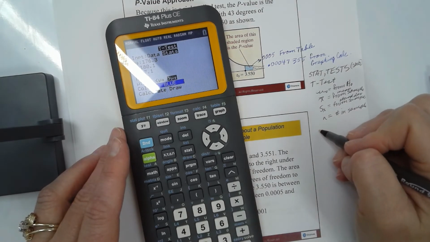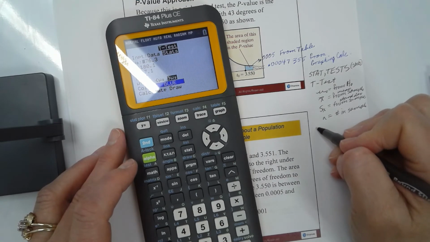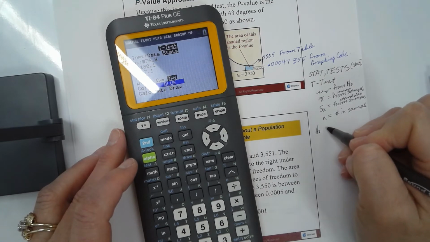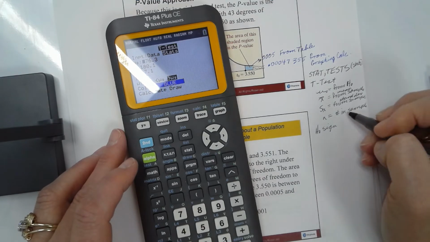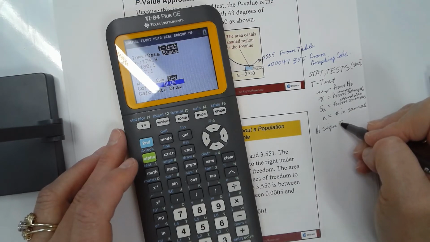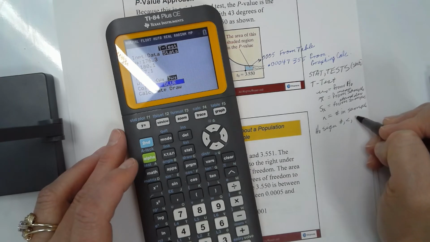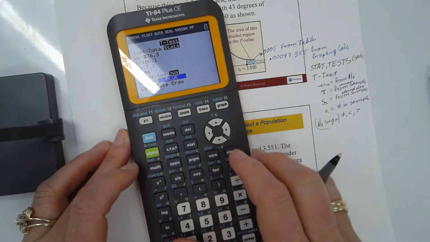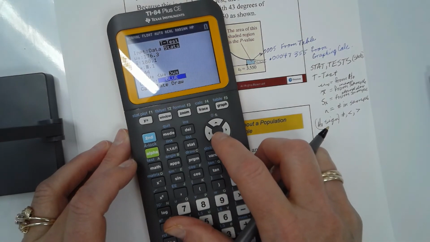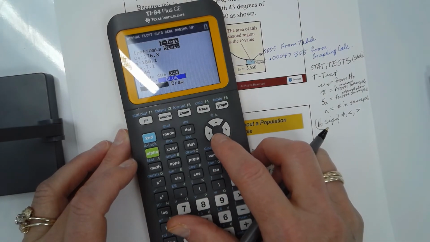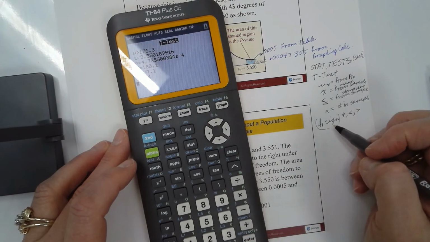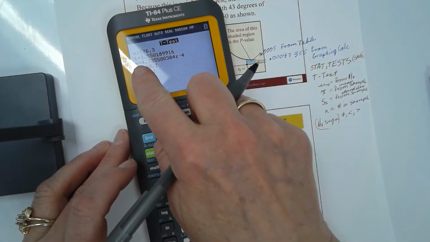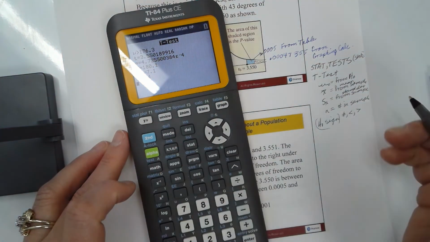And then you tell it from your alternative hypothesis: is it going to be not equal, less than, or greater than? Since this was a right-tailed test, we said greater than, then we calculate, and that gives us the t, the test statistic, and the p-value.